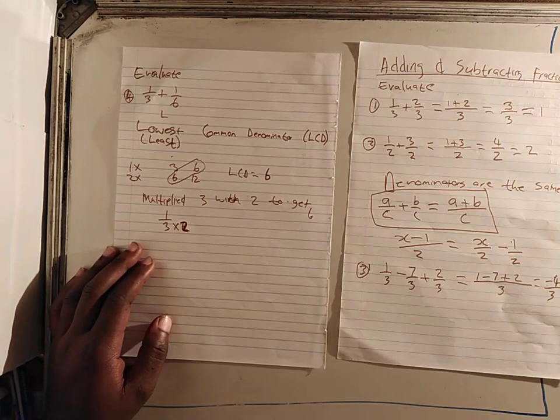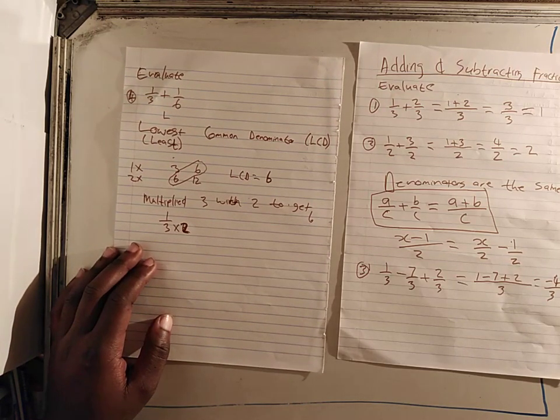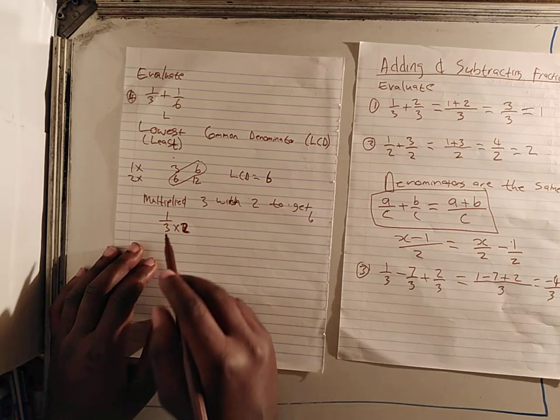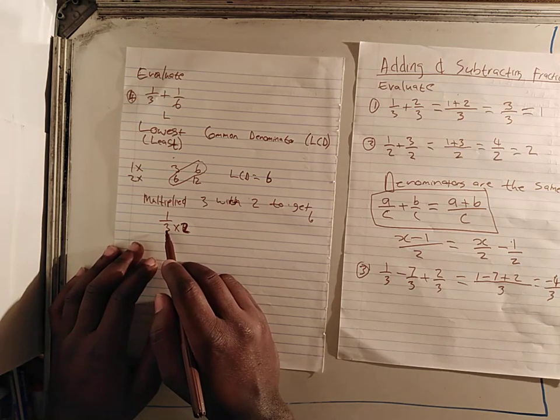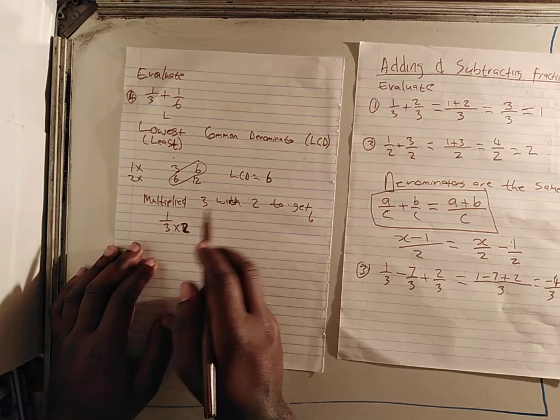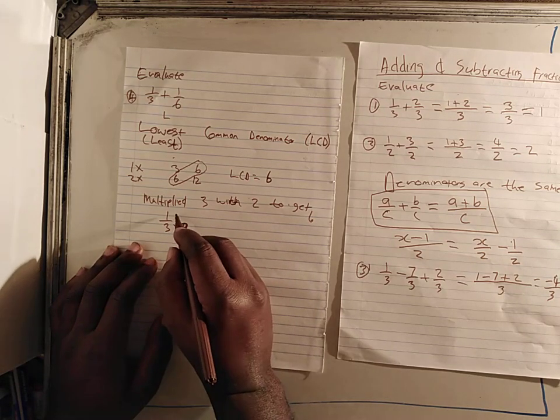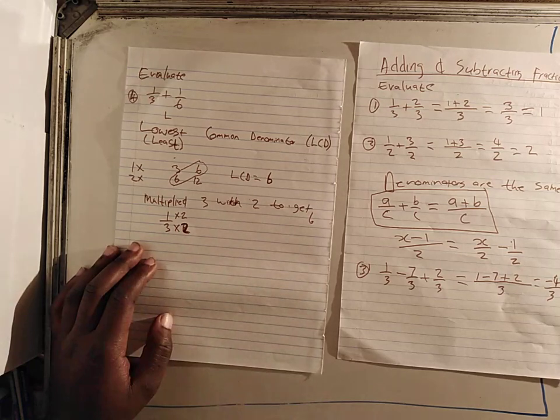But ladies and gentlemen, if I do this, I'm changing the number. I don't want to change the number. So that I won't change the number, when I multiply by 2 here, because I want this 6, I must also multiply by 2 on top.